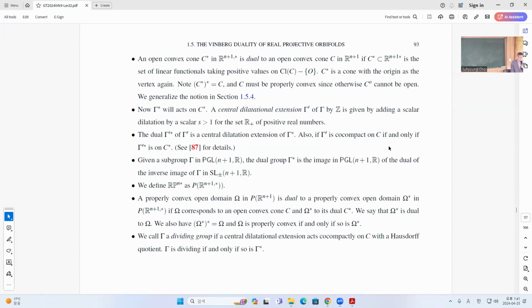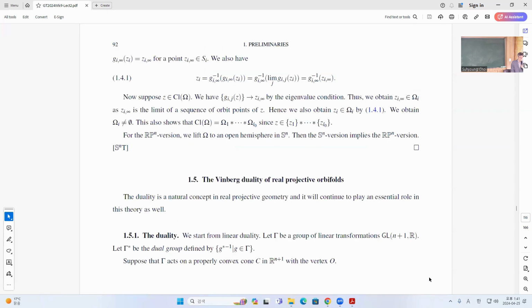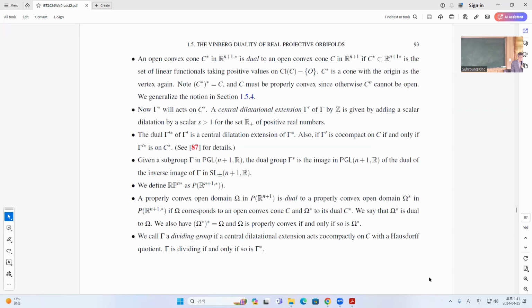And the gamma prime is co-compact apparently, so okay. These are all the cases when they are properly convex. Okay, so C is properly convex.